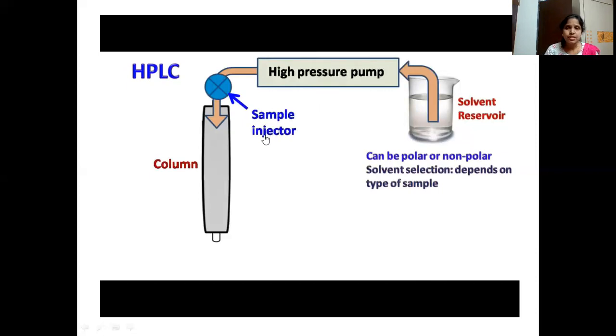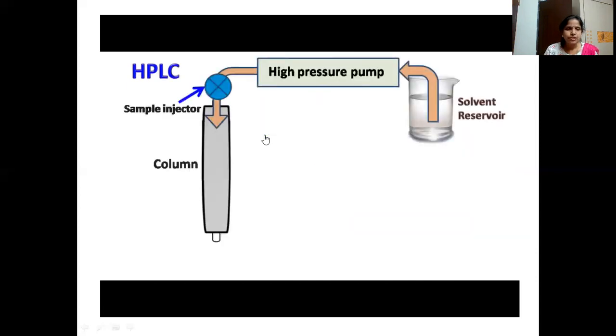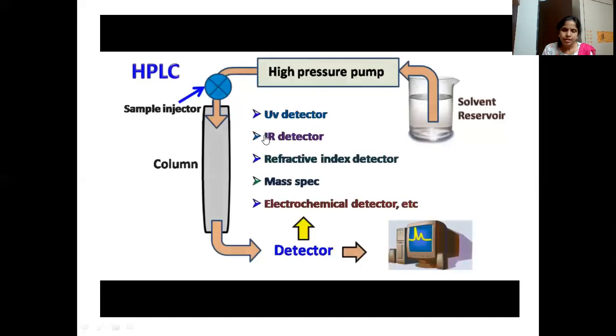When the sample is injected, a little bit of pressure is applied there also. After the sample is injected into the column, at the end it will be connected to a detector, and that detector again connected to a computer. The detectors, as we have seen, are UV, IR, refractive index detector, mass spectra, electrochemical detectors; various detectors are there. We can use all these.